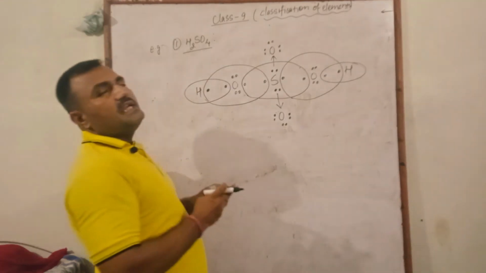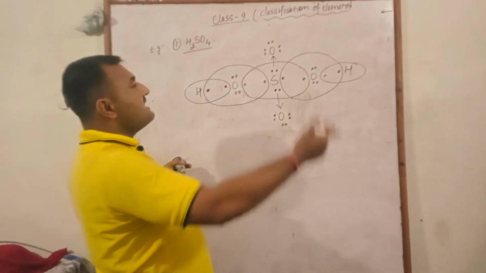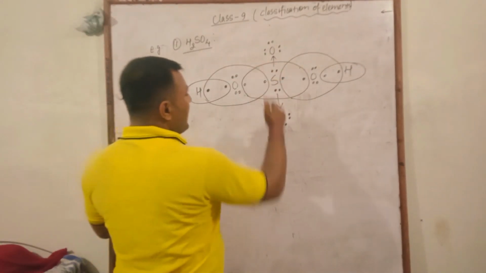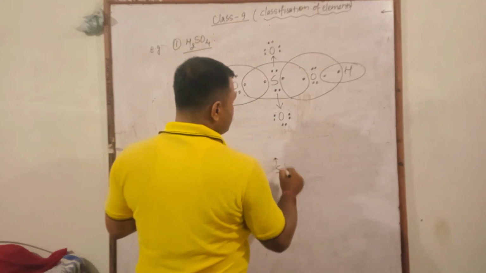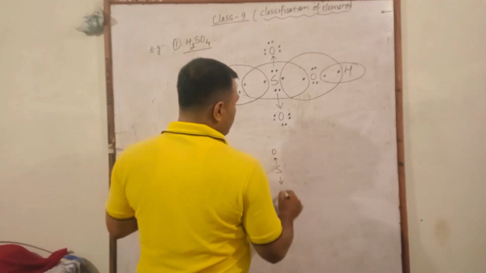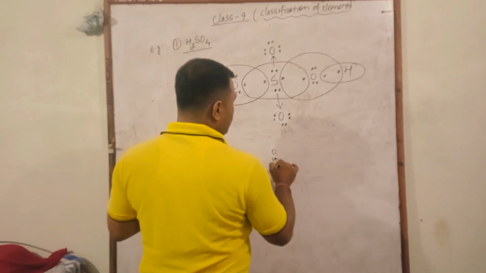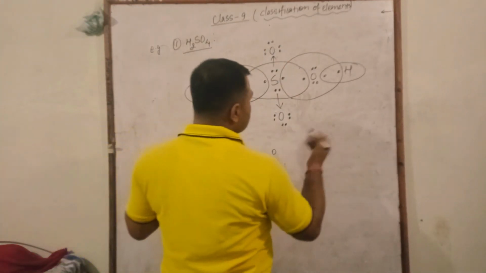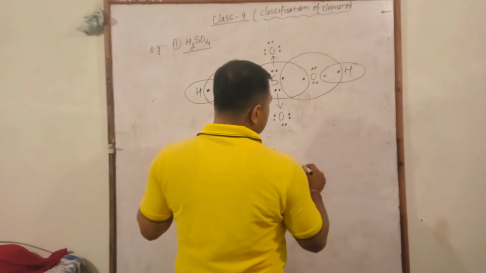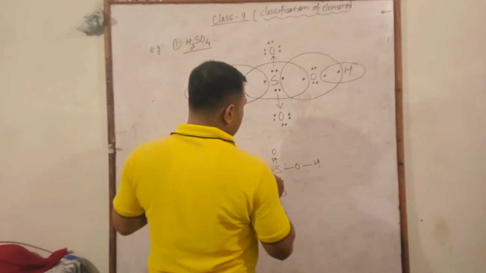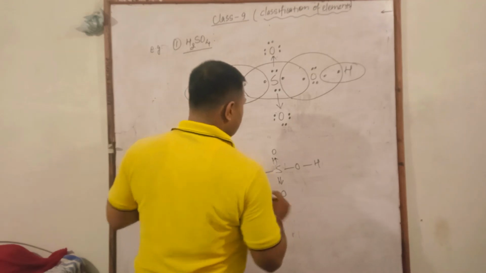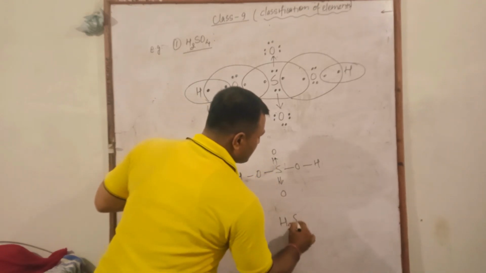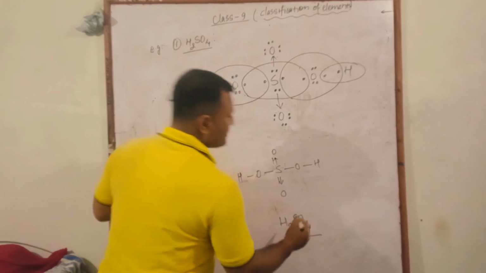Another is the coordinate bond by one-sided sharing, which is denoted by an arrow. The bond formed here is a coordinate bond. We can also write it by a double line, because two electrons are transferred or shared. Then oxygen, hydrogen, oxygen, hydrogen, which is called the molecular structure or chemical bonding present in H2SO4.